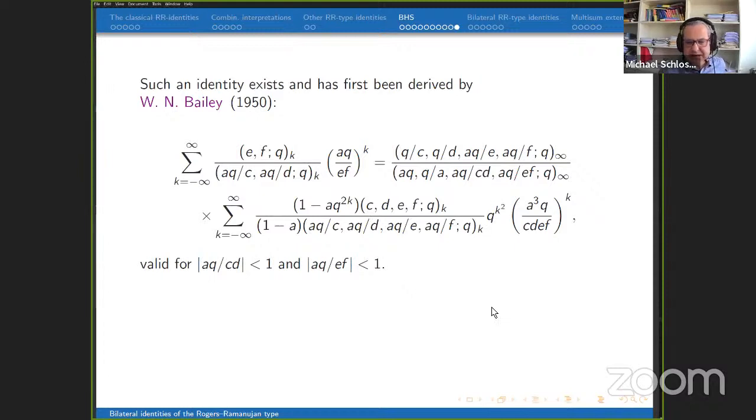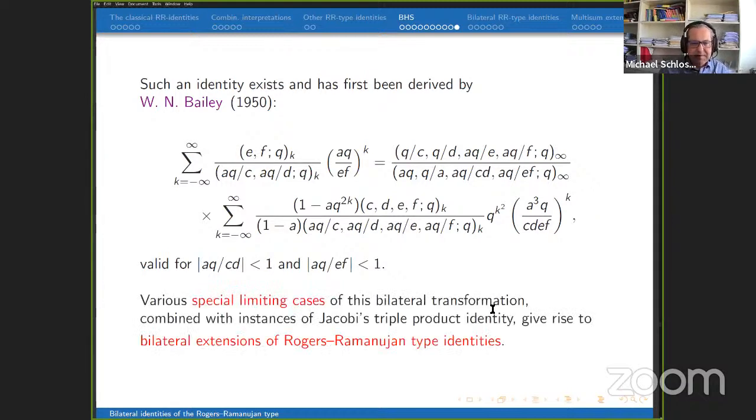It's not symmetric, and that's also good because we want to get non-trivial identities by taking limits. We now apply very special cases so that many of these factors disappear or cancel in different ways. In the end, we apply the Jacobi triple product identity to the right-hand side, where we already have the quadratic powers of Q.